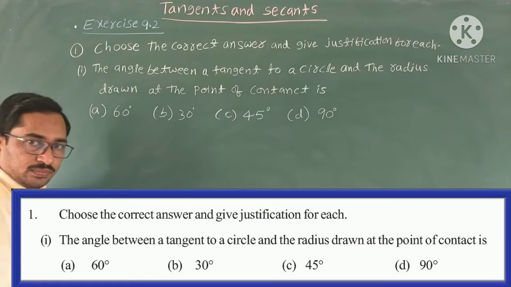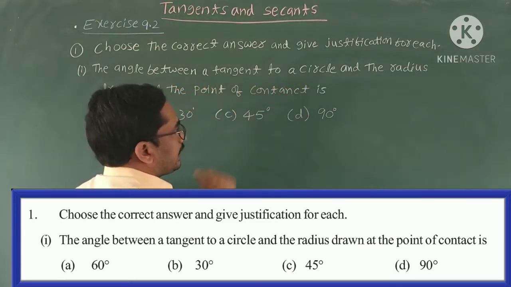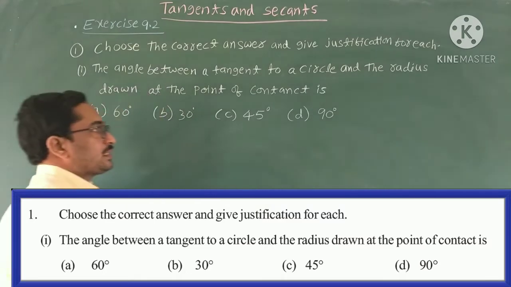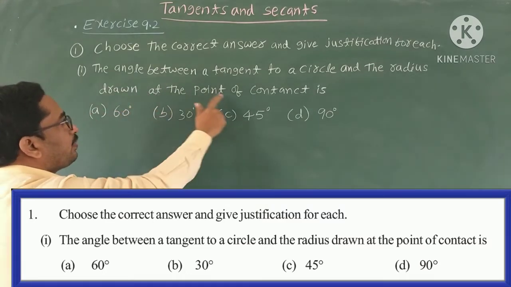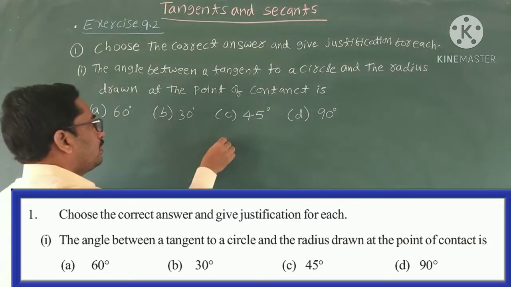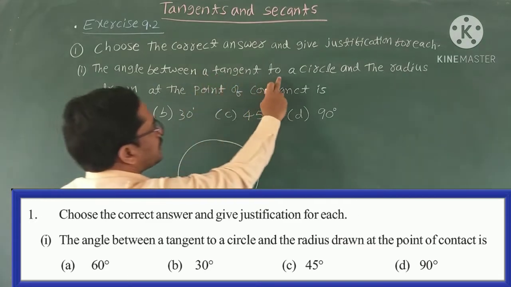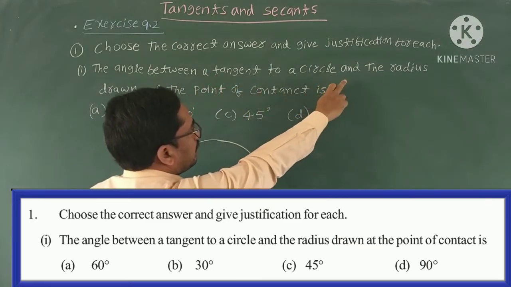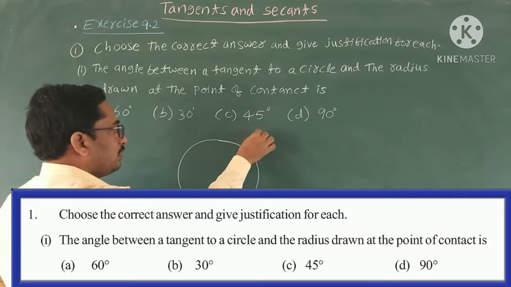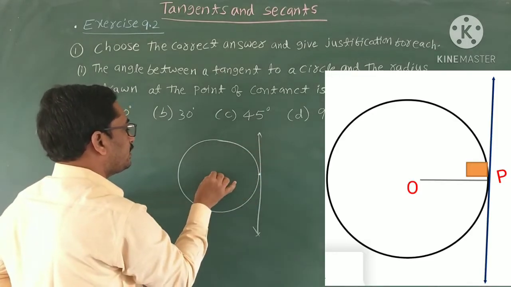First problem. The angle between a tangent to a circle and the radius drawn at the point of contact is... See, for a circle, this is a tangent, this is the point of contact, and this is the radius.